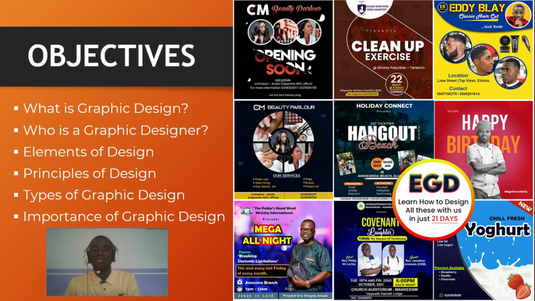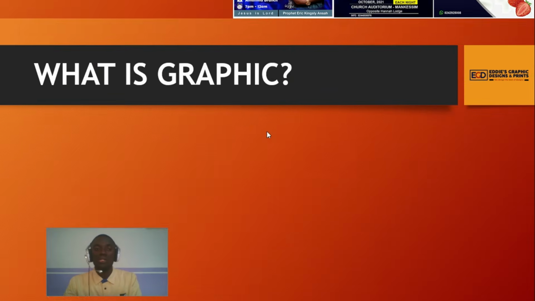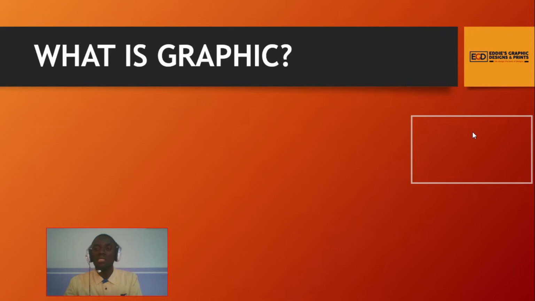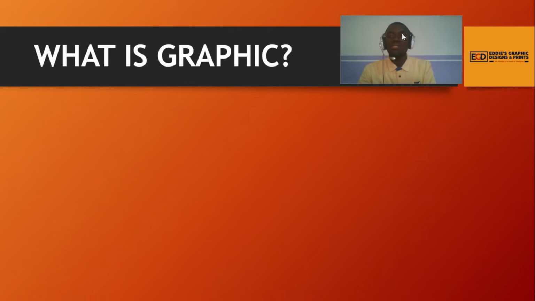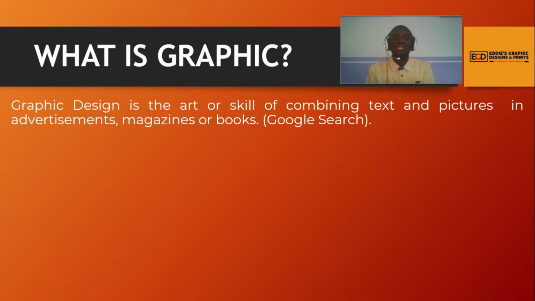Let's start with the first one, what is a graphic design. We are saying that graphic design is the art or skill of combining text and pictures in advertisements, magazines, or books.